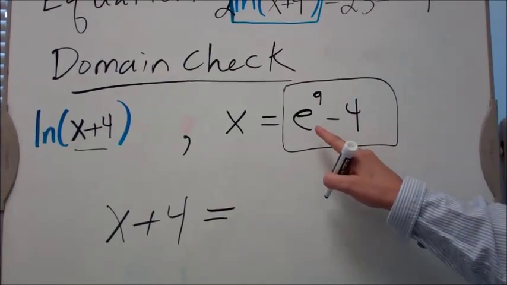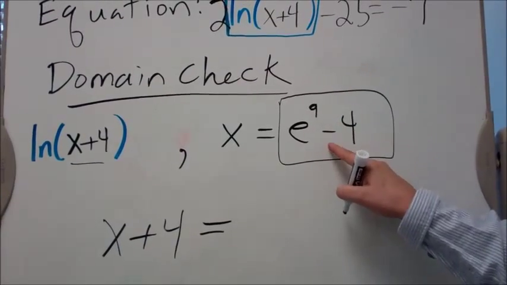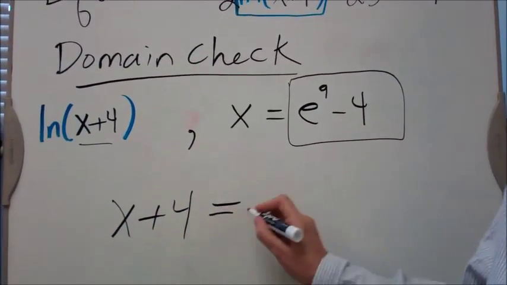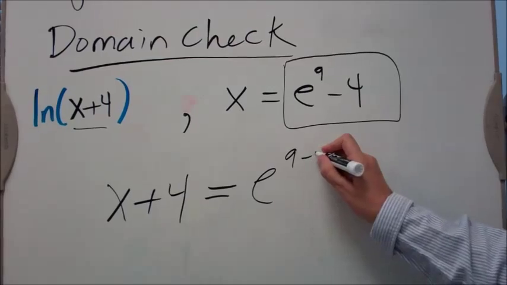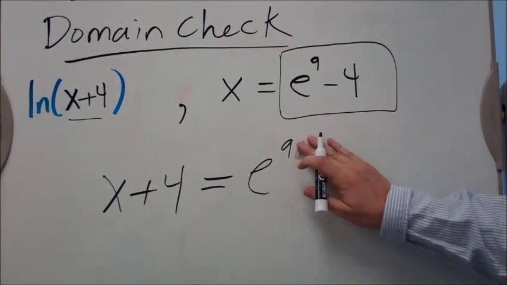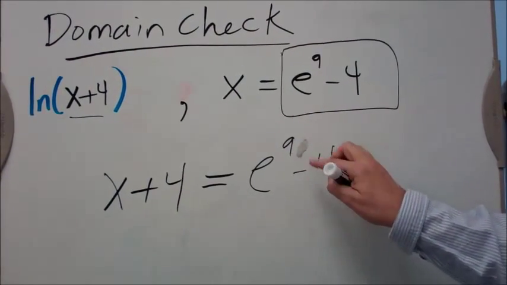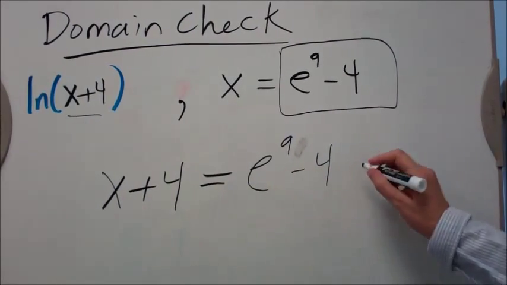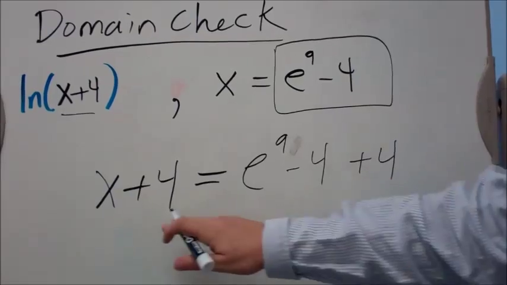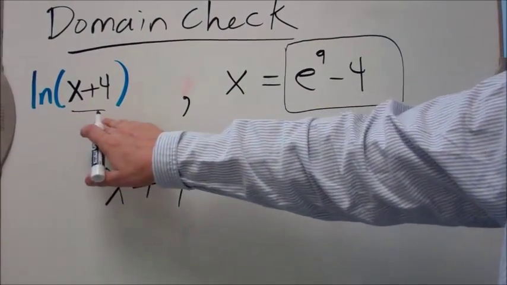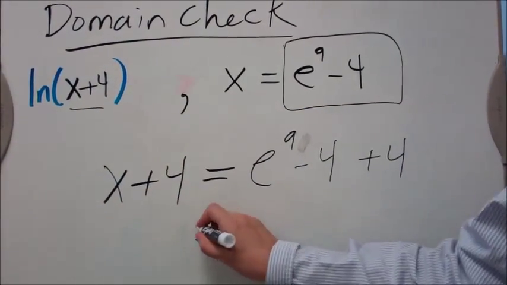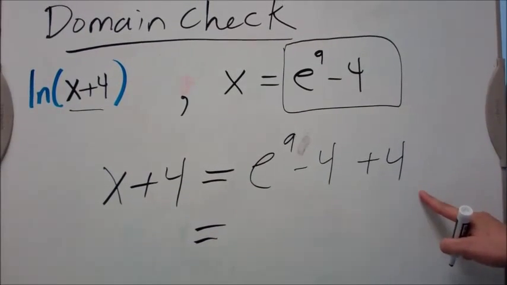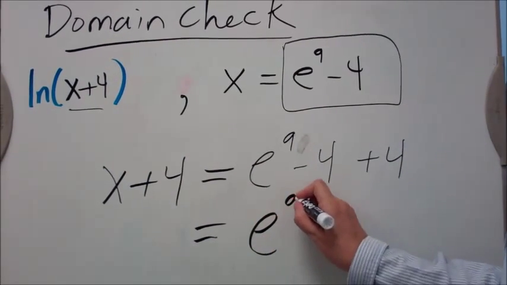We've discovered that x is e to the 9th minus 4. So we plug that in for x: e to the 9th minus 4, that's our x, plus 4 from our original argument of the log. The minus 4 and the plus 4 eliminate. We get e to the 9th.